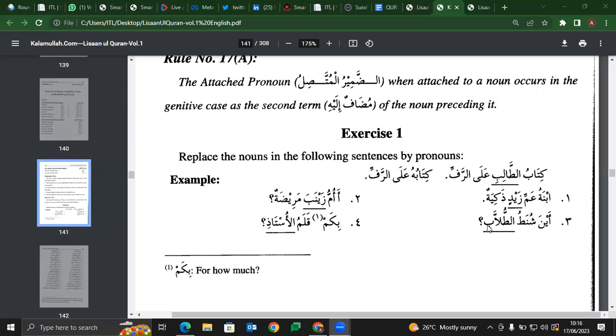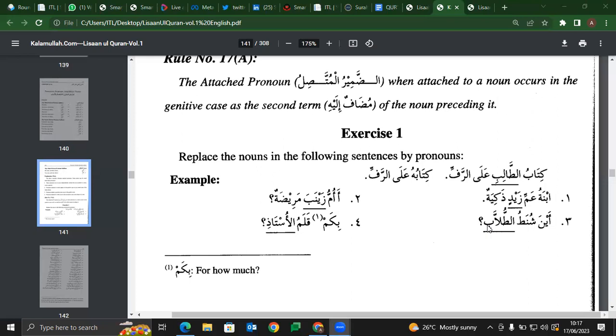So that shows that I'm with Zaid, that I'm calling Zaid. So for example, I would say ya Zaidu. Now it would be, no, it would be ya Zaidan because Zaid is mansub now, right? Zaidan. So ya Zaidan ibnatu ammi.